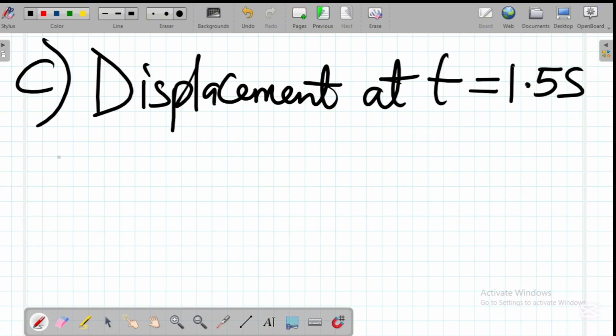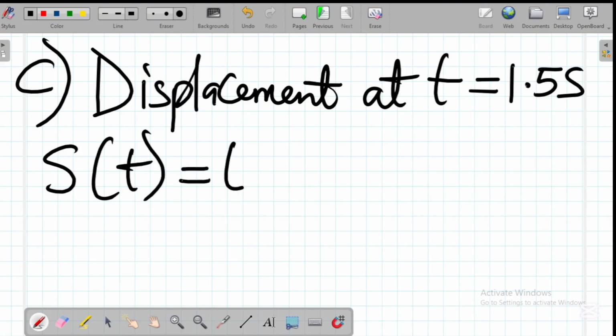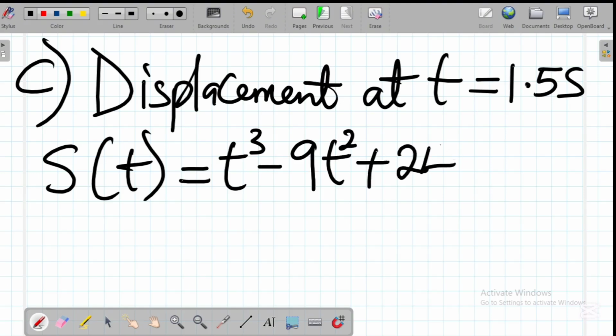In the question, displacement s is given as t raised to the power 3 minus 9t raised to the power 2 plus 24t plus 20.